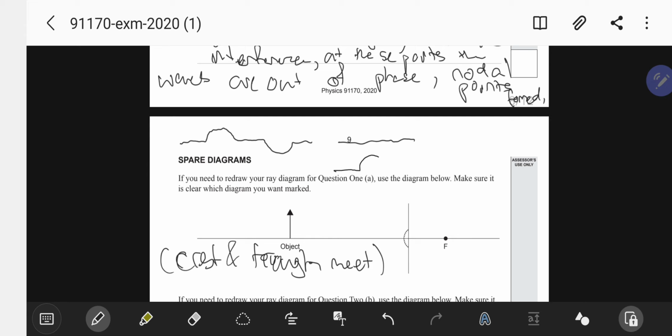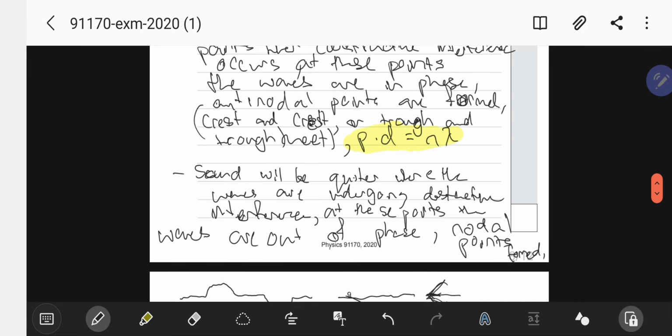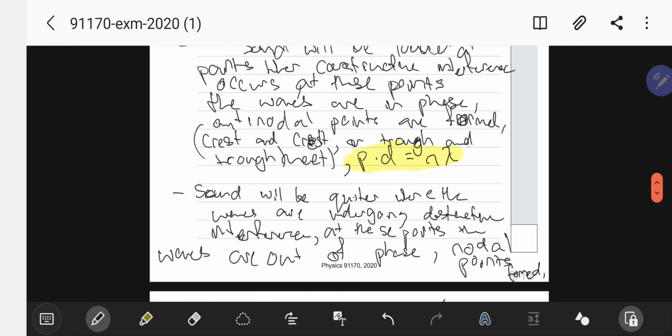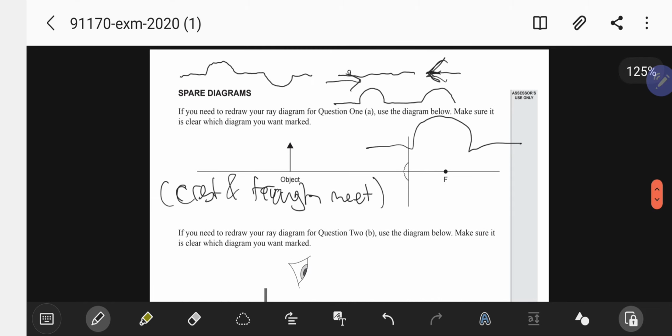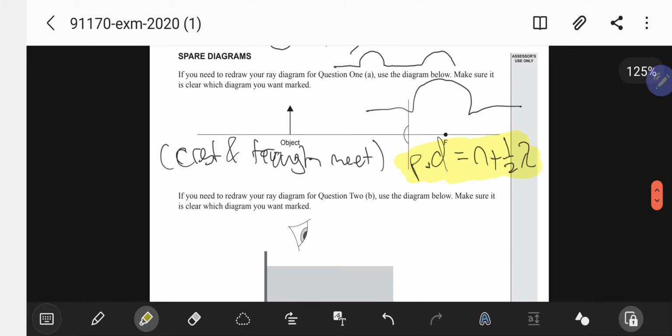But if you have a crest adding with another crest, like this is coming that way, this is coming that way, then they're just going to add to make it larger. Nodal point formed. And over here, for where the sounds are quieter, where there's destructive interference, the path difference is n plus half wavelength. I think that is how you write it for the destructive interference path difference.